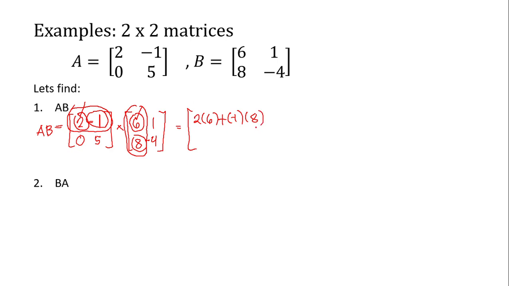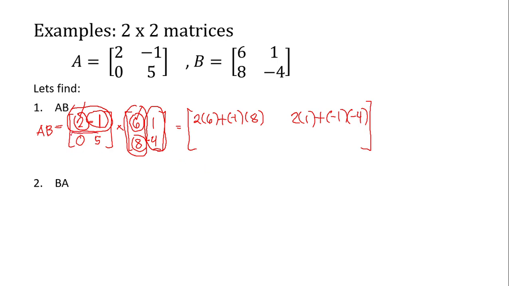Okay? Then, next naman, ito pa, same row pa din, i-multiply naman natin dito sa sunod na column. So, we have 2 times 1 plus negative 1 times negative 4. Okay? Next, ito naman baba.